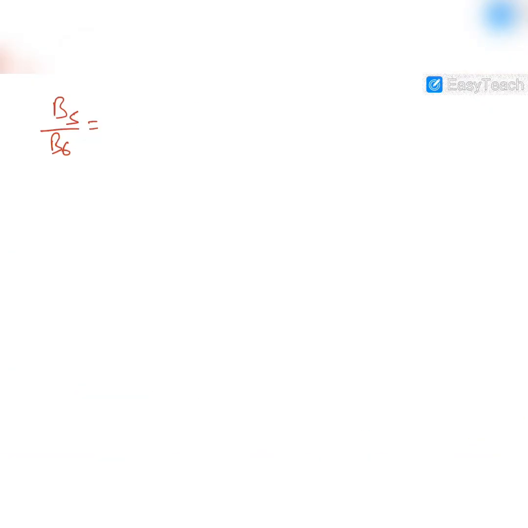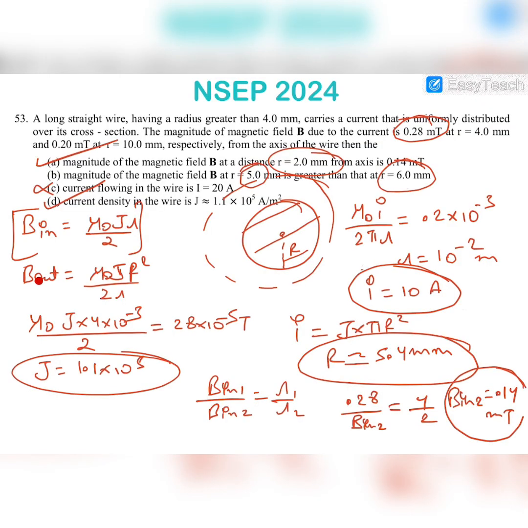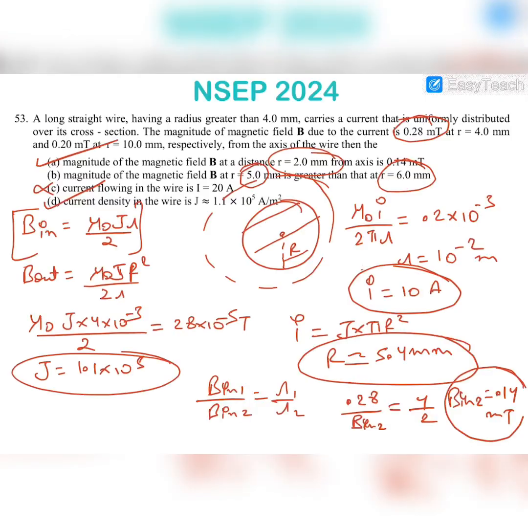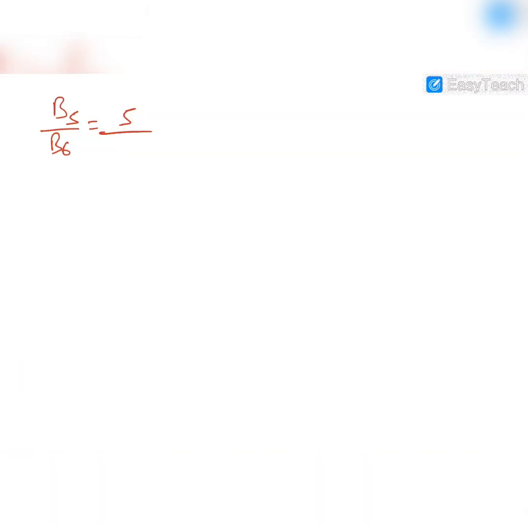We know that the inner point has magnetic field directly proportional to small r. So that is 5. J will be cancelled out, and B at 6 will be capital R square upon r. So it would be 5.4 whole square upon 6.